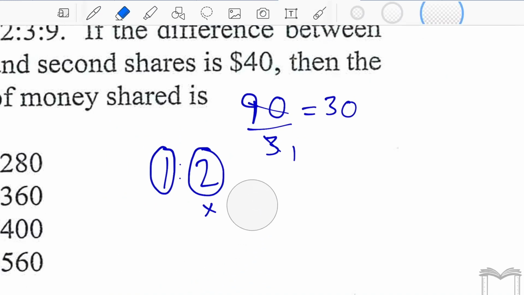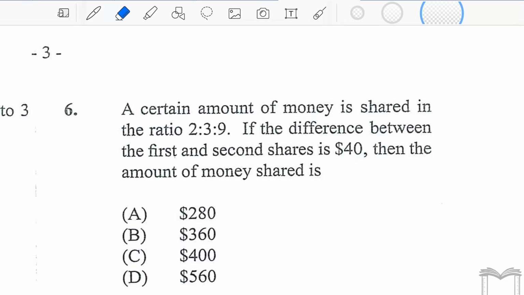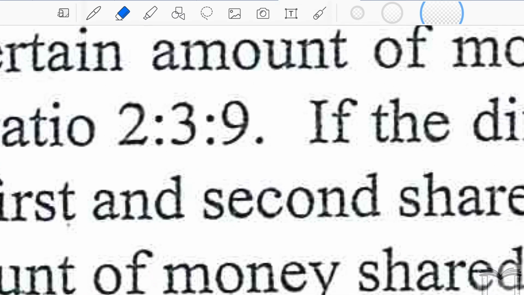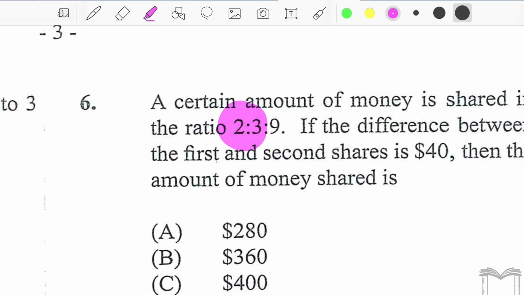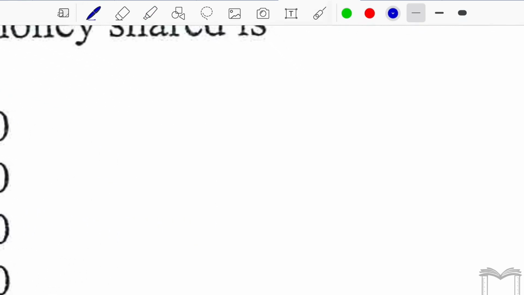Okay, so let's look at this specific question. We are not given the total, we have to find the total. The difference between the first and second shares is $40. So the first and second share, that's 2 to 3. One person is getting 2 parts of the whole, and the other person is getting 3 parts of the whole.